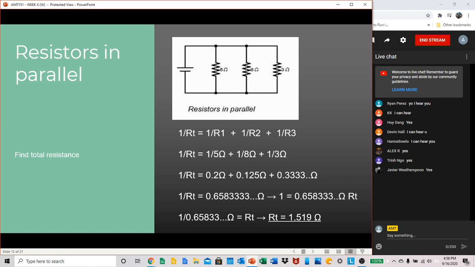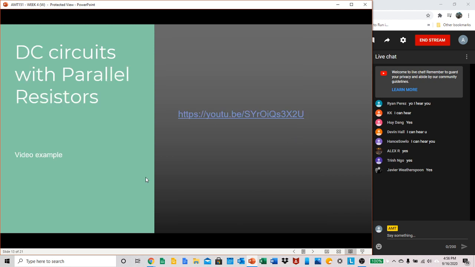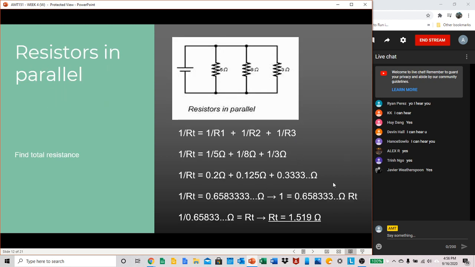Here is your formula for total resistance in parallel, and that's just for 3 resistors. Because we only have 3 resistors, it's going to be 1 over the total resistance is equal to 1 over resistor 1 plus 1 over resistor 2 plus 1 over resistor 3.